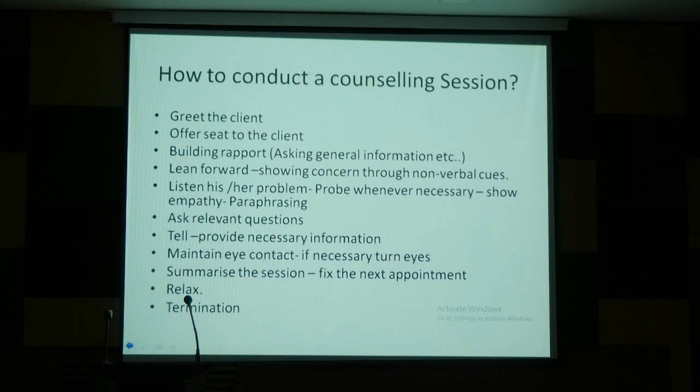Okay. Show empathy. Empathy, you know? Not sympathy. Empathy means put yourself in the position of the patient and think, if I would have been the patient, what would have been my condition? That is called empathy. And then paraphrasing, that means clarification.